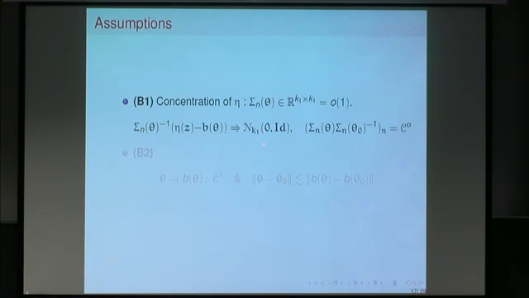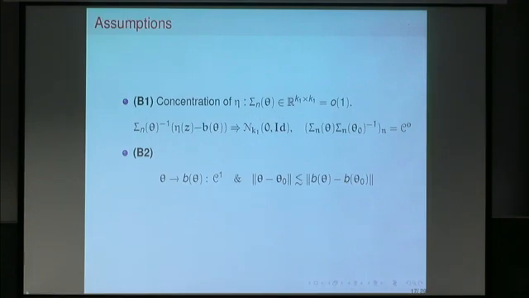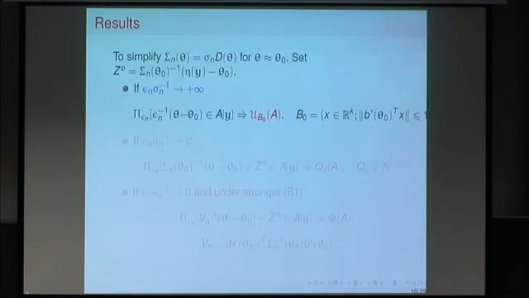So I'm assuming that for all theta in the neighborhood of theta naught, I have this asymptotic distribution, and there is a contiguity between the sigma n of theta. Essentially the rate is the same when theta is close to theta naught. And I'm assuming also the same thing as before, so I have regularity of my link function, b theta to theta, and the inverse. Under these two types of conditions, plus the conditions I had at the beginning, I can describe perfectly what happens.